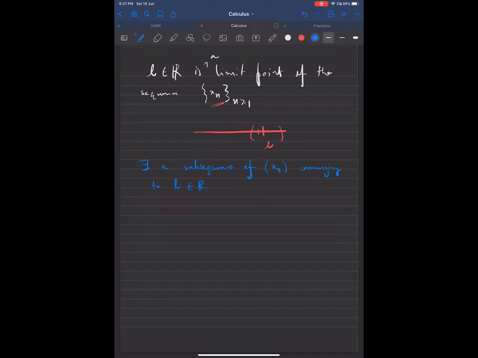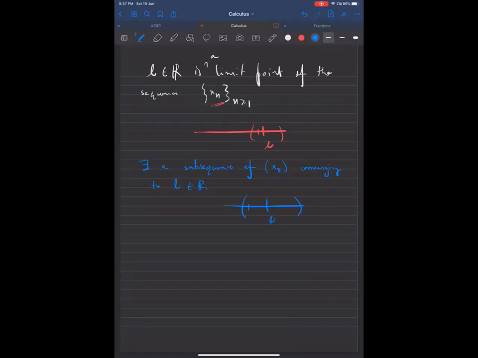So what we can do is construct a subsequence in a way that it will converge to L. Starting with L, we take a neighborhood like this, then we get a point of the sequence xn here.